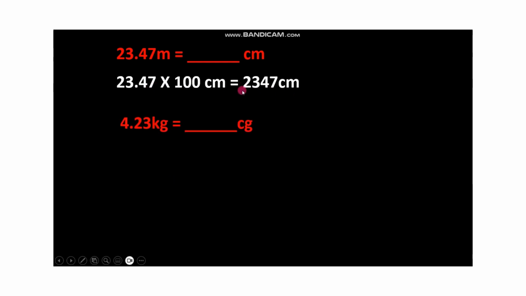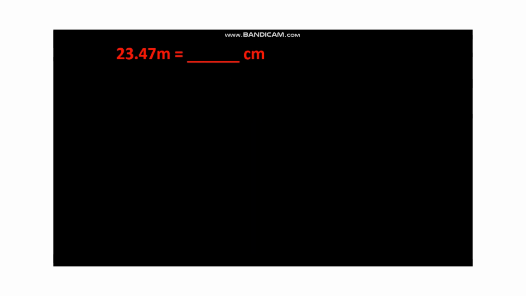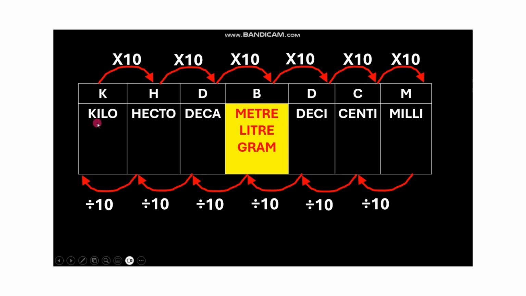So let's look at this next question. 4.23 kilogram to centigram. Let's go back to that table and see what you have. Kilogram to centigram. You are still moving in descending order from a bigger unit to a smaller unit. So 1, 2, 3, 4, 5. 10 times 10 times 10 times 10 times 10 gives you 100,000.